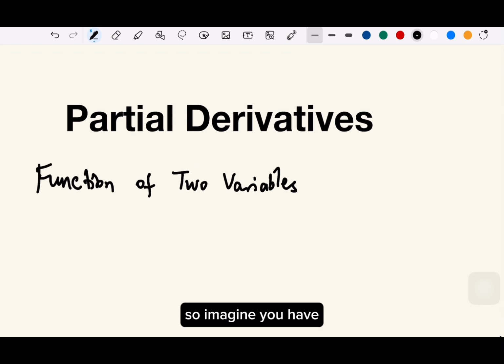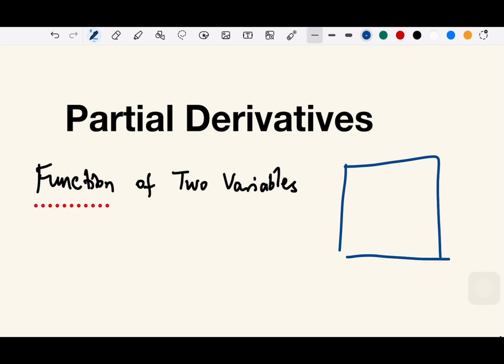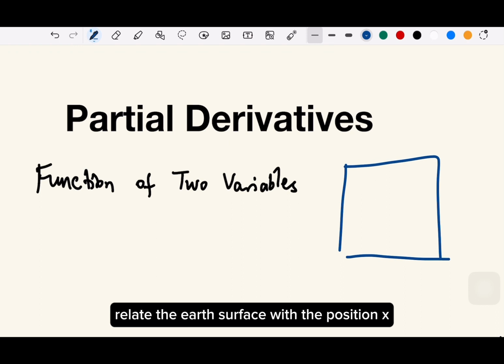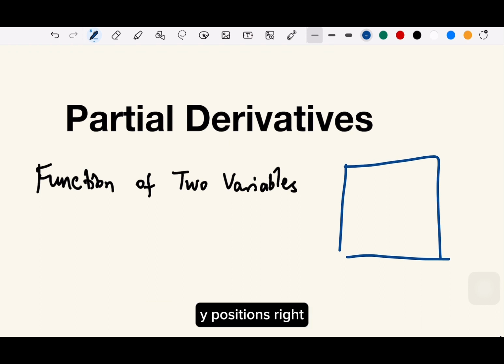So imagine you have, let's say, this is the Earth surface, which we can relate with the positions, x, y positions, right? So we have x, y positions, like for example here, P, we have x, y, okay?